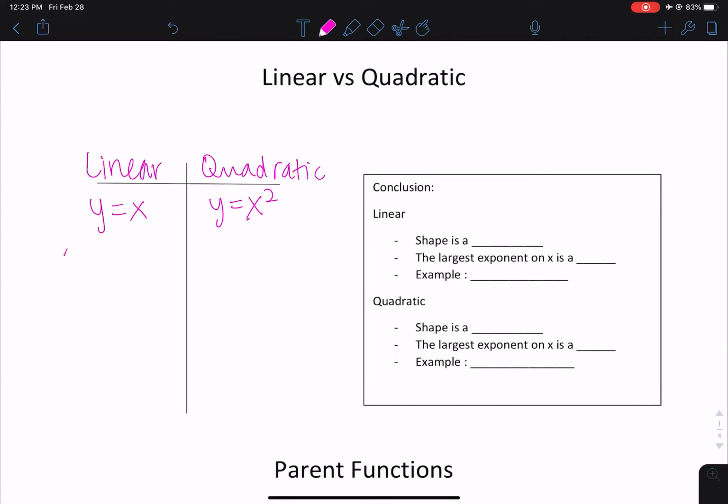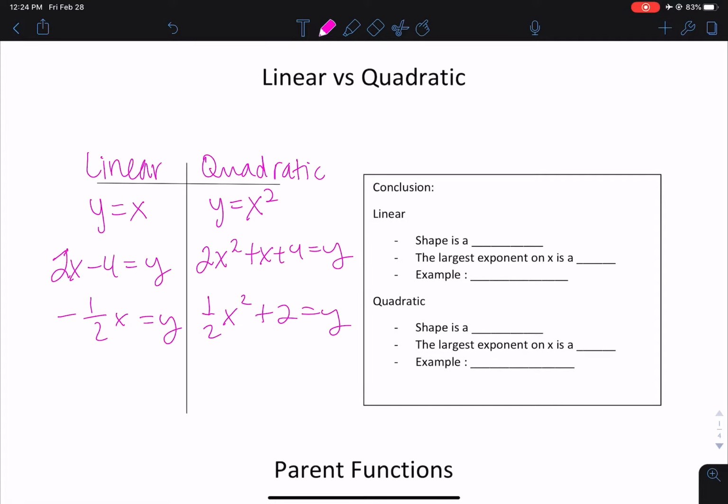We had 2x minus 4 equals y, or 2x squared plus x plus 4 equals y, and then we had like negative 1/2 x equals y, or 1/2 x squared plus 2 equals y, and so on.